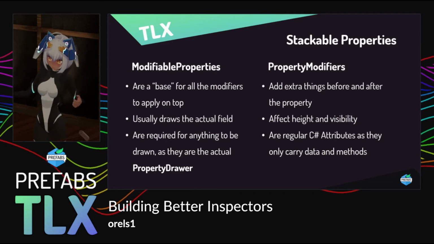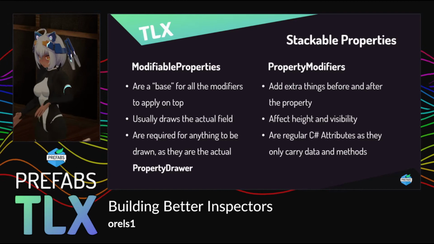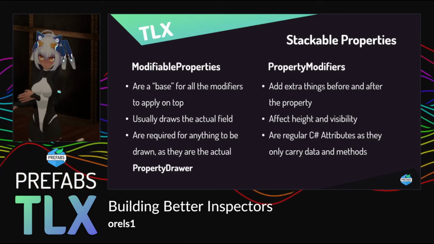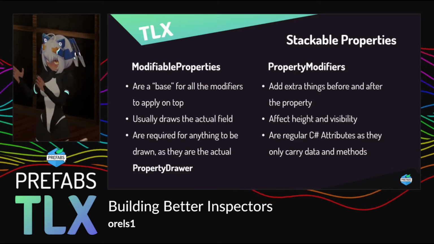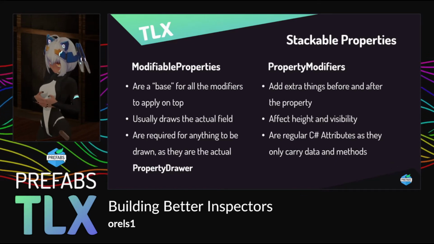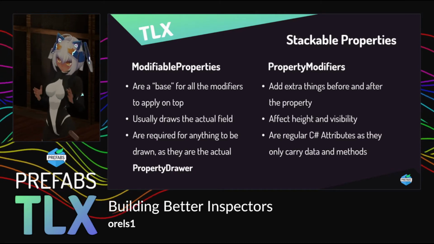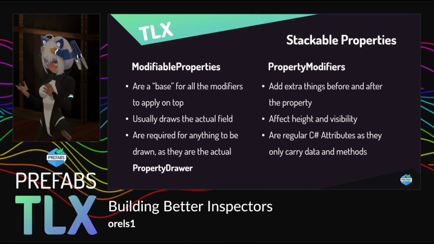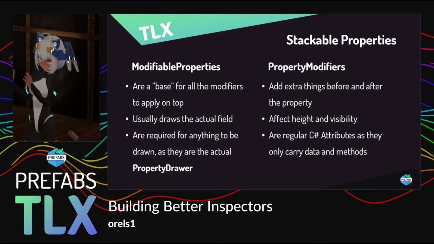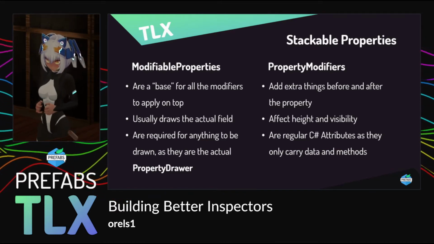And that approach, which was proposed by some very good random person on the internet, is to create a system of stackable things, which takes the concept we already went through, having an attribute and a drawing thing, and builds upon it. So instead of just a base property drawer and an attribute that says just draw this, we have a different setup where we have a base, which is what draws stuff, and a modifier, which is the attribute that tells it to draw in this particular way or that particular way.